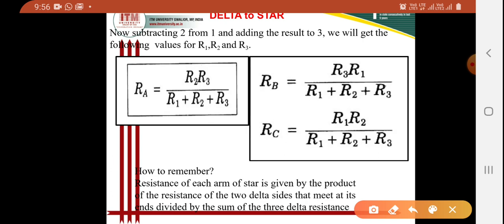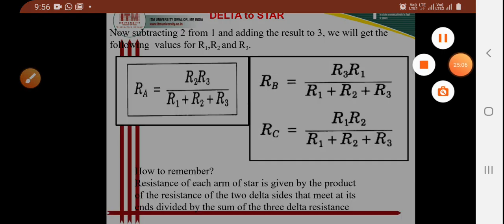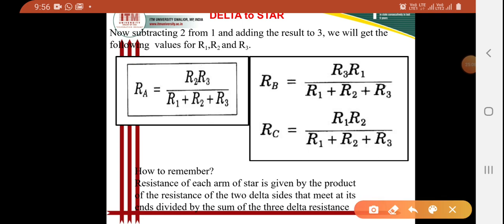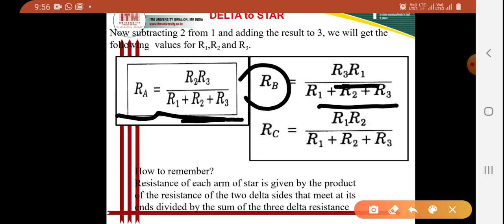As per the calculation, RA is R2 R3 divided by R1 plus R2 plus R3. Similarly, RB is R3 R1 divided by R1 plus R2 plus R3.